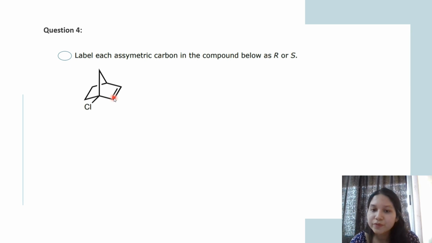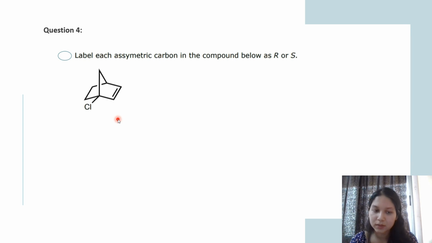You have to first identify all the asymmetric carbons or stereogenic centers present in this molecule, and then we will try to assign R or S configuration to the stereogenic centers present.